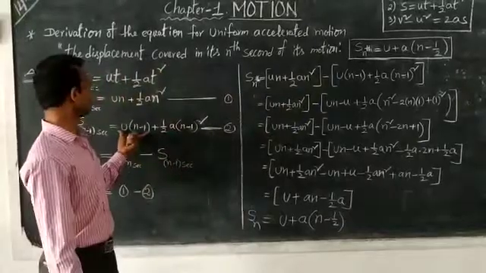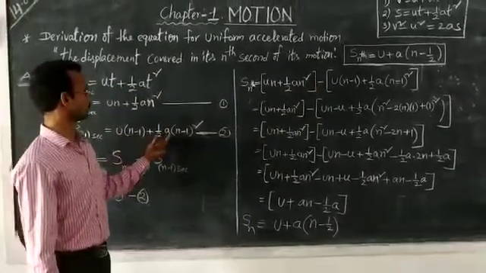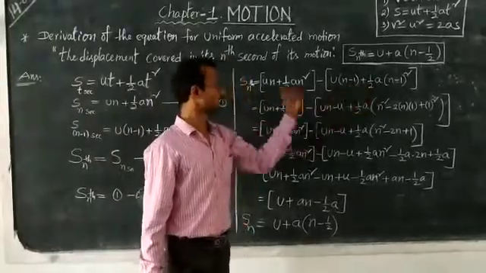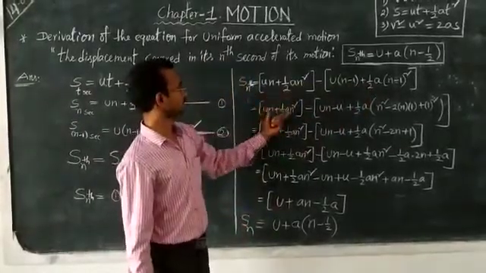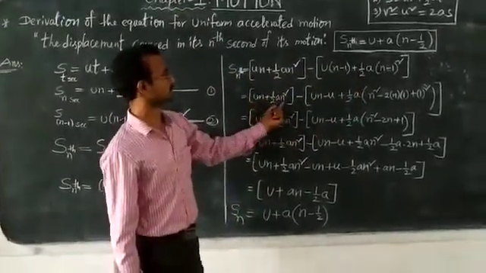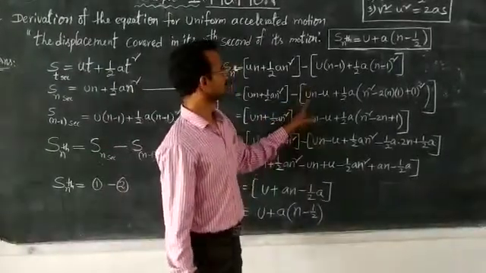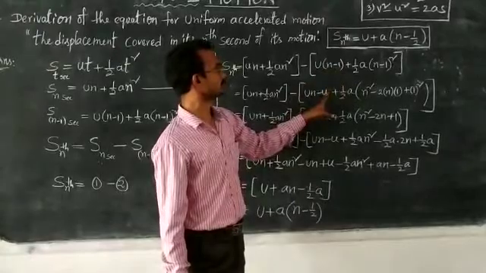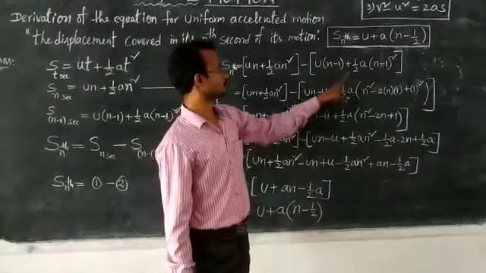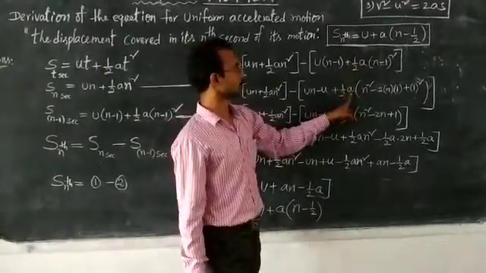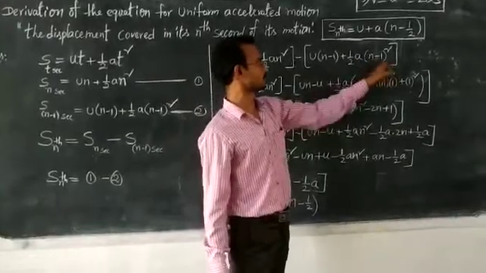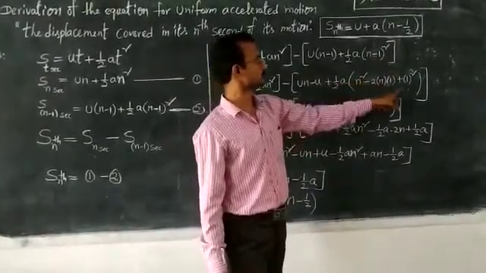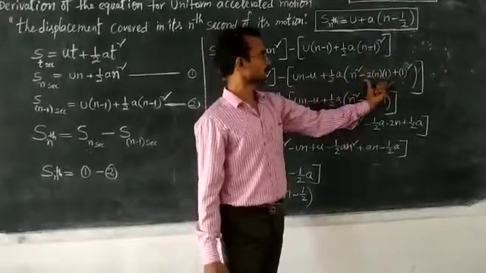Equation 2 is u into (n minus 1) plus half a into (n minus 1) whole square. By simplification, it looks like (a minus b) whole square, and according to the formula a square minus 2ab plus b square, I can write it like so.